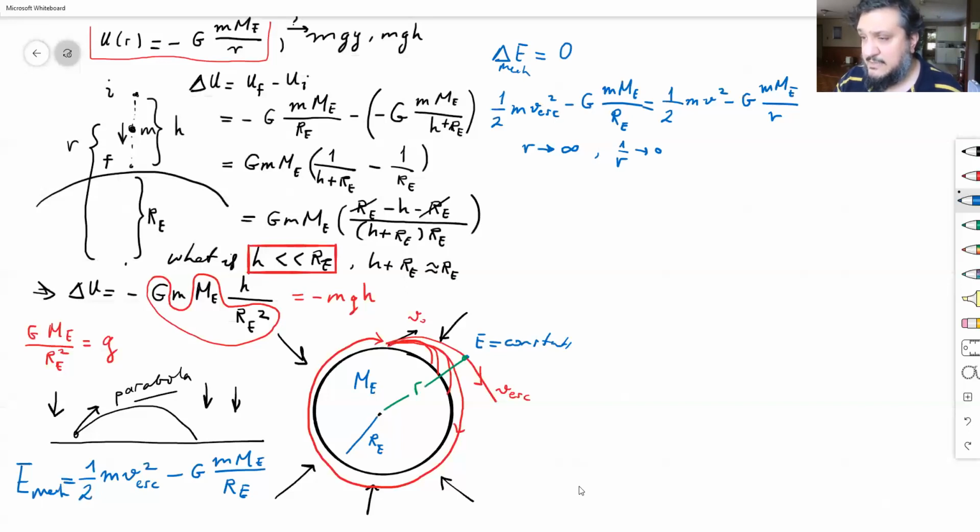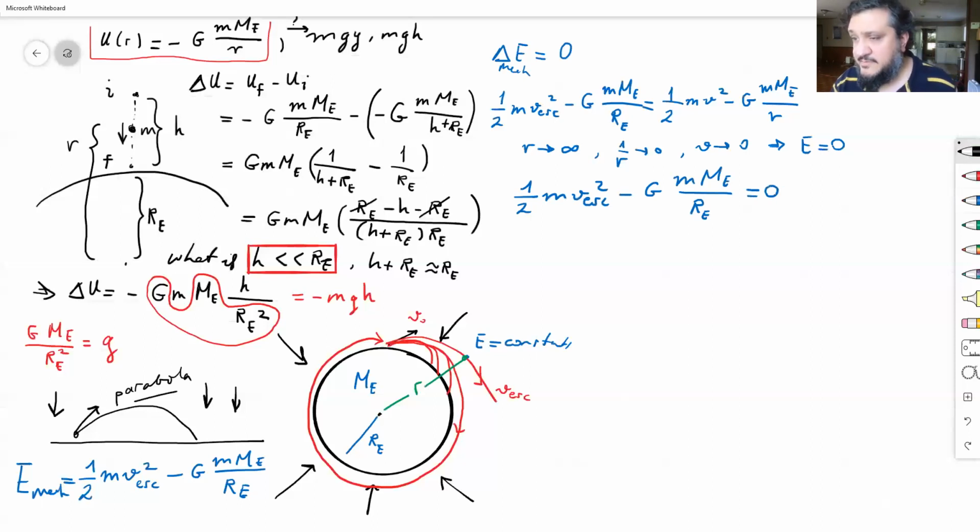So at infinity, you can take v also equal to 0. So what do you have now? 0 plus 0, which means E is 0. If E is 0 at infinity, it was 0 at an intermediate point. It was 0 in the beginning. So this term here, 1/2 m v escape squared minus G times m M_Earth over R_E, is 0.